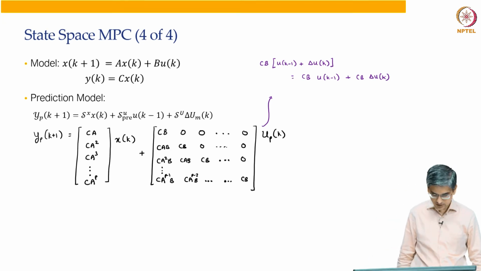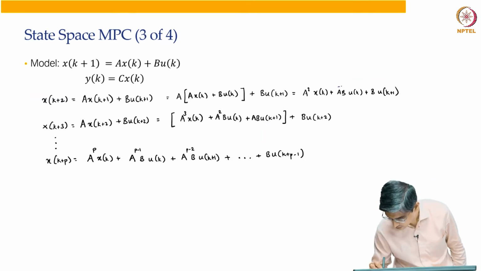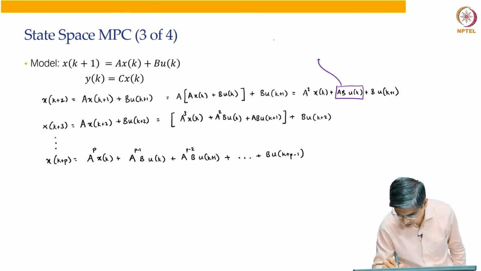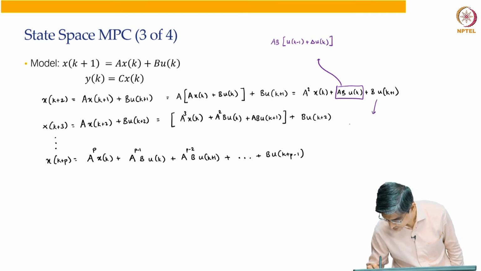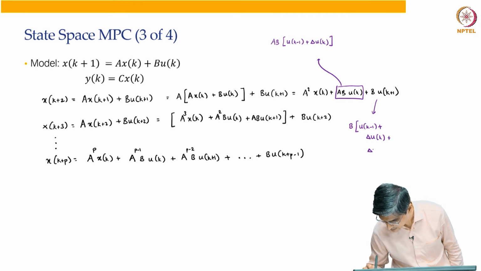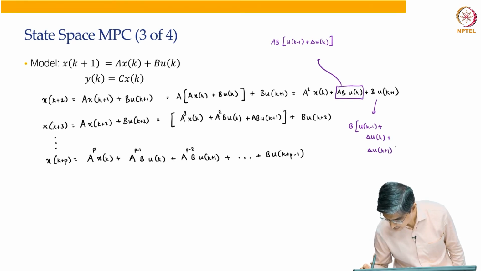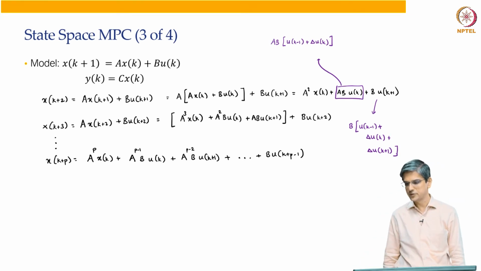Okay. Now, let us look at this. What is this going to be? This is going to be nothing but AB multiplied by u k minus 1 plus delta u k, and this is going to be B multiplied by u k minus 1 plus delta u k plus delta u k plus 1, right.